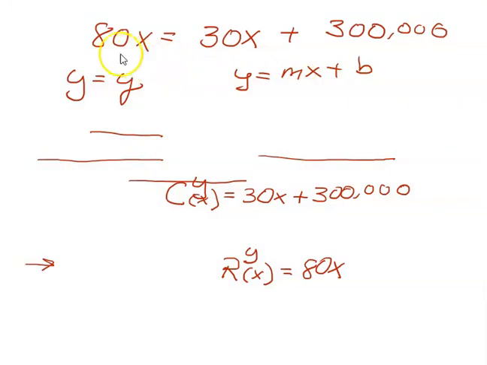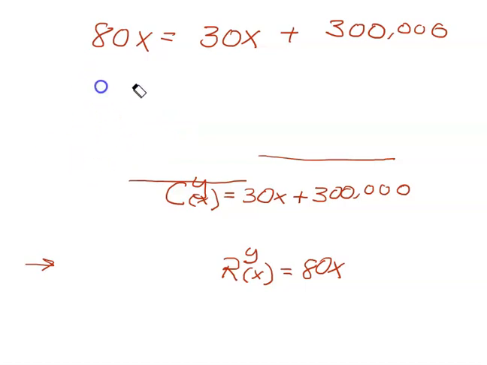And we'll go to the whiteboard. I have it up here. So this is one value of y. This is the other value of y. So what do we do to solve it? And I'll get rid of some of this stuff here. Well, we're going to subtract 30x from both sides, and this gives me 50x equals 300,000.